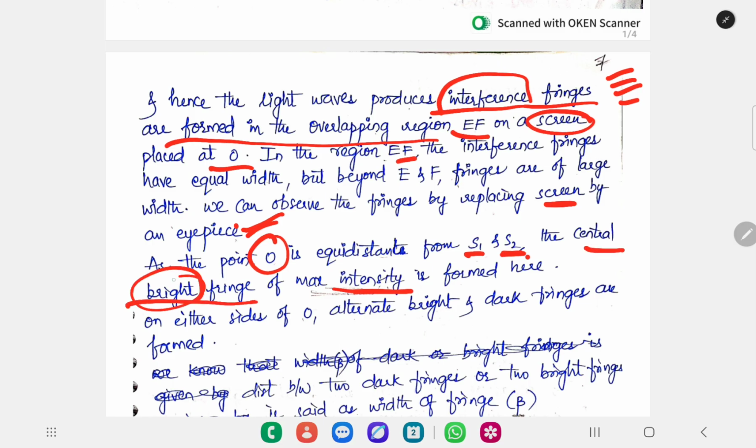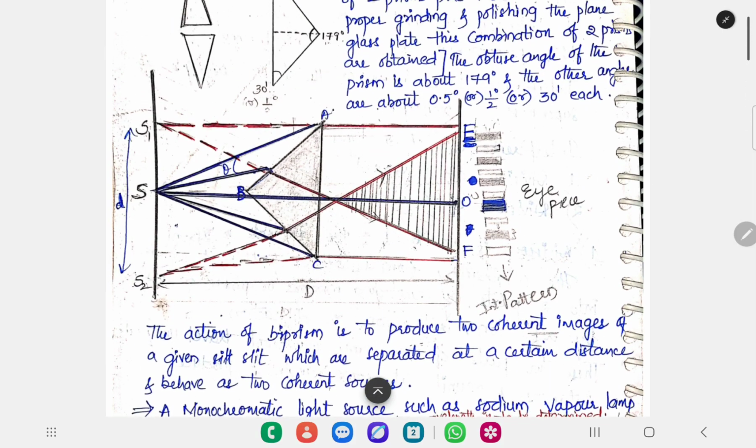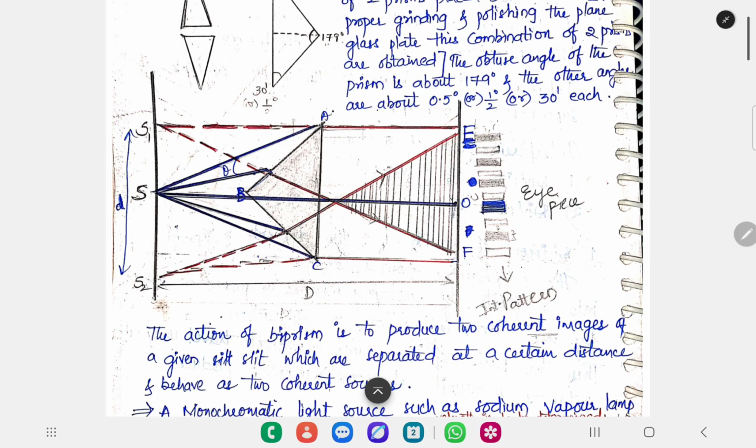The central fringe is bright and of maximum intensity, and on either side of O we can see bright and dark fringes alternately. Now I will show in the diagram. You can see the point O here with the maximum intensity, and alternate bright and dark fringes.